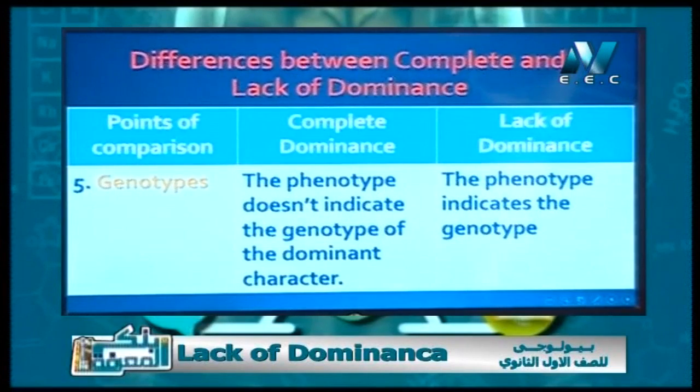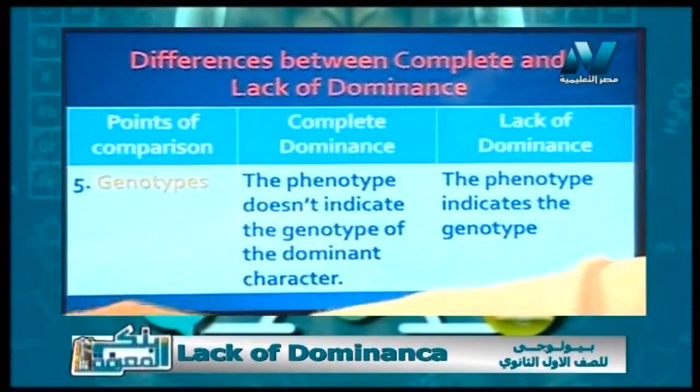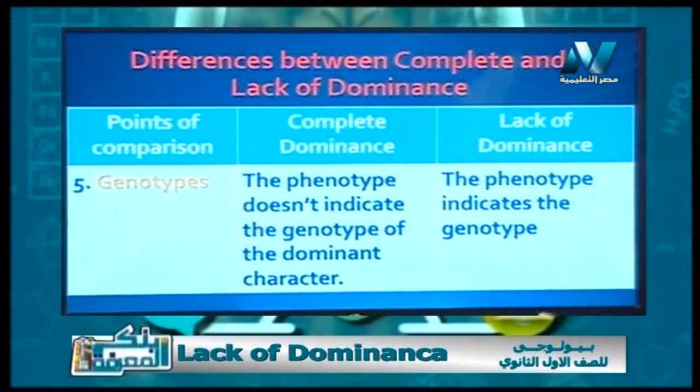In complete dominance, the phenotype does not indicate the genotype of the dominant character. We can remember that when we say in the pea plant the flower is pink, this pink color could be capital P, capital P, or capital P, small p.